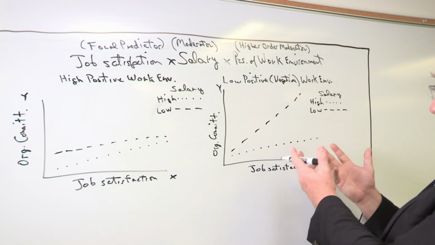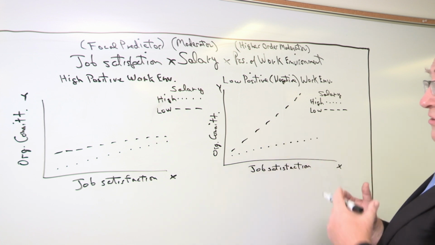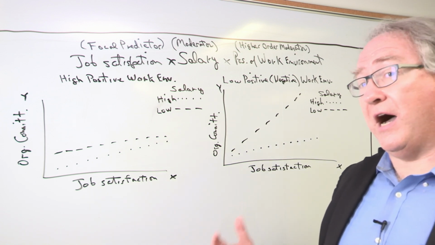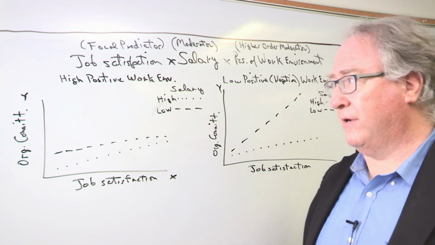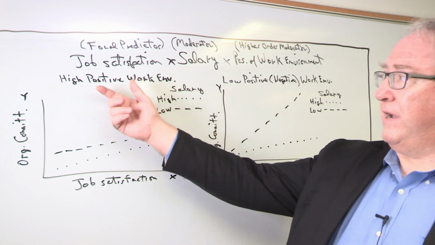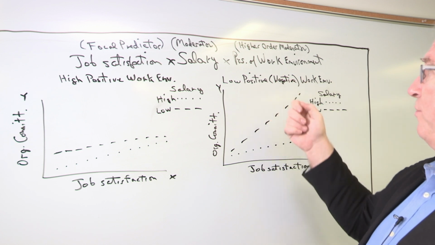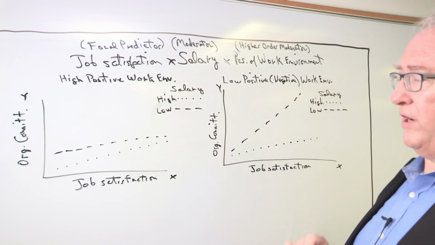So now we have a difference in effect of job satisfaction on organizational commitment. Well, it depends on the level of the higher order moderator. High positive work environment versus low positive or negative work environment.